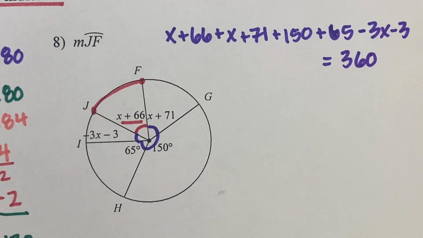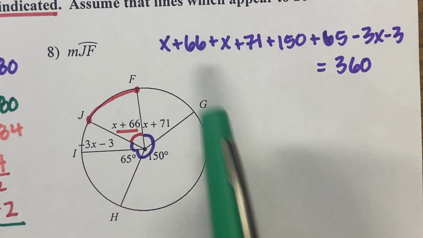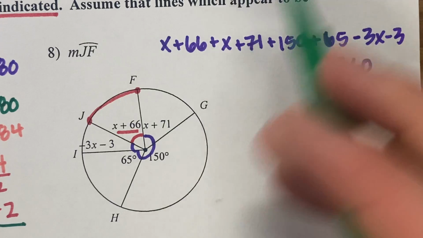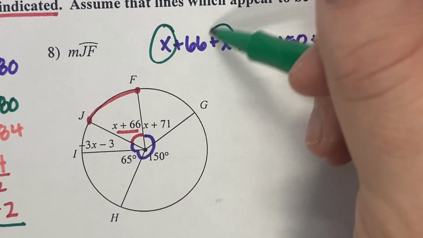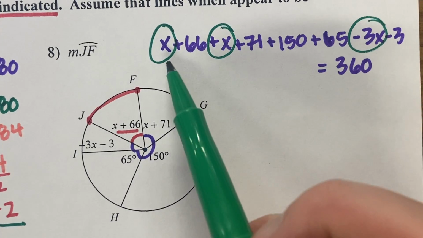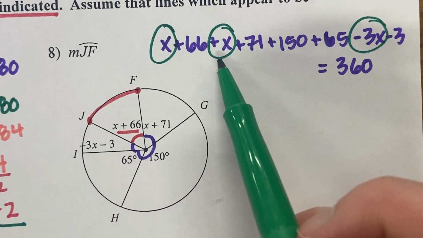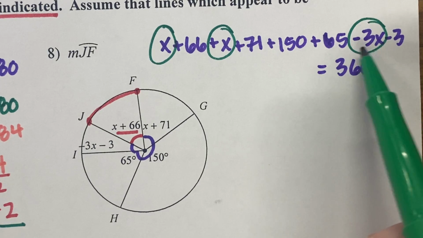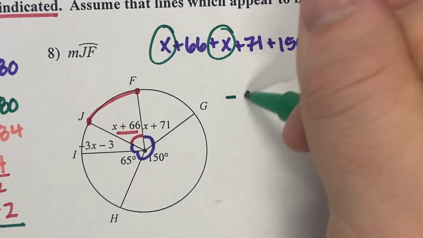Okay, looks really long, but all we have to do is combine like terms. Okay, so let's find our like terms. First, I'm going to start with my x's. So I have 1x plus another x minus 3 of those x's. Okay, so that's going to give me 2x right there. 2x minus 3x is actually going to give me negative 1x.